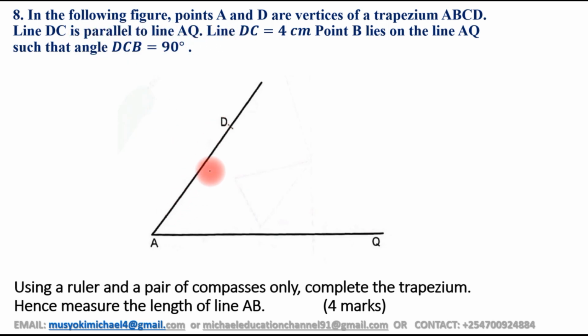Line BC is equal to 4 centimeter. Point B lies on the line AQ such that angle DCB is equal to 90 degrees. We are supposed to use a ruler and a pair of compasses only to complete the trapezium and measure the length of line AB.